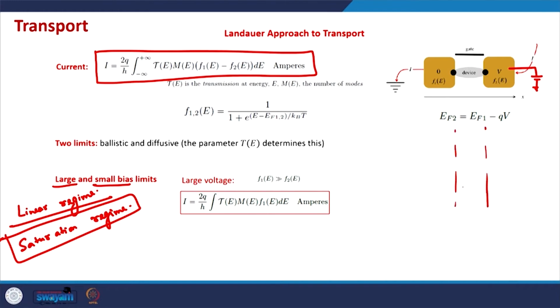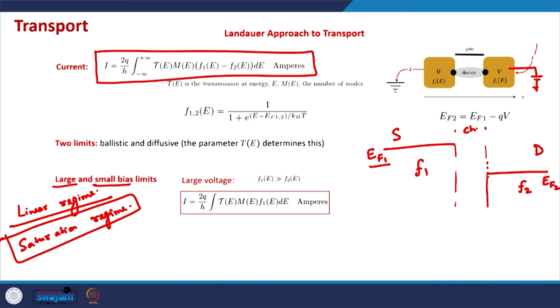So, if we plot the energy states of the source, the drain and the channel, this is the Fermi function, this is the Fermi level EF1, Fermi function F1, drain side Fermi function F2, Fermi level EF2.